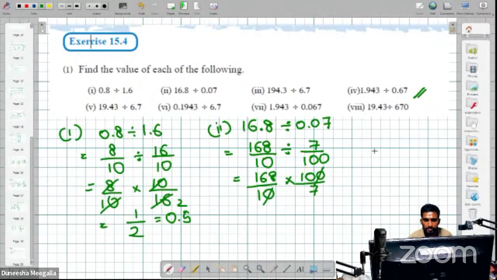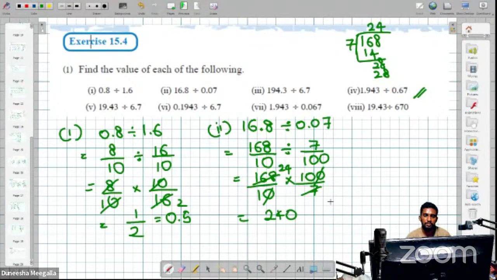Then 168 divided by 7 is 2, 14, 28. 24 remains. 24 times 10 is 240. The answer is 240.